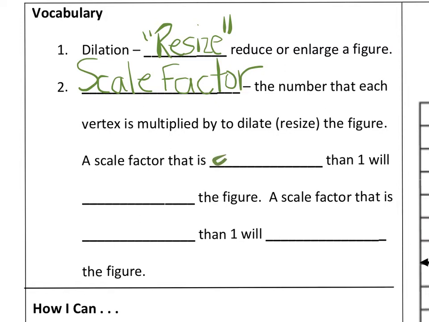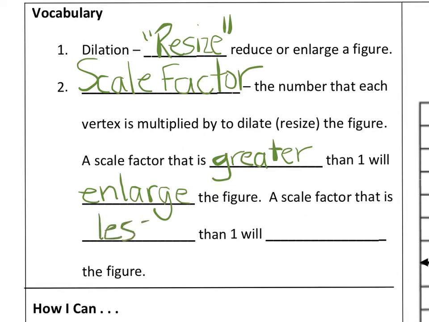A scale factor that is greater than 1 will enlarge the figure. So for example, if you multiply your vertices by 2, that's going to make the figure bigger. But a scale factor that's less than 1 will reduce the figure. So if you multiply your vertices by, let's say, 1/2, you're going to make that figure smaller.